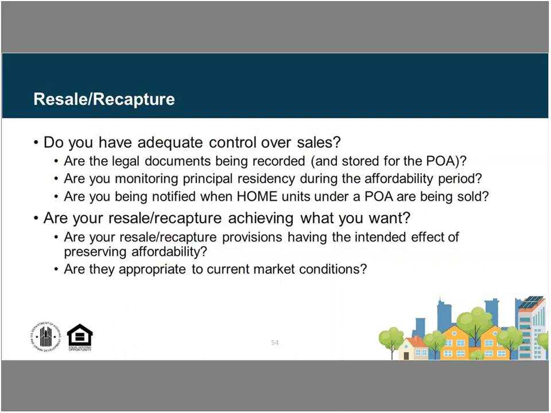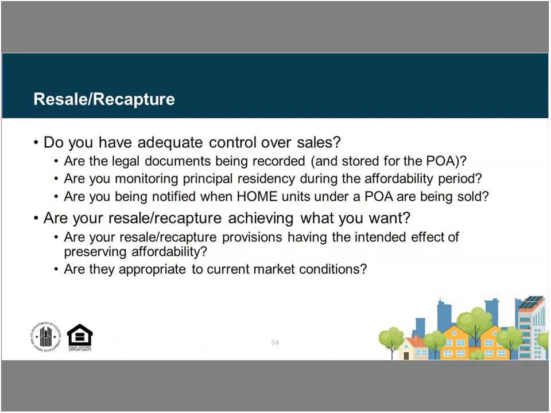My first job was working as a monitor for a city, so this was one of my jobs. One of the things we did is we were actually listed as a loss payee on the insurance, so I got copies of everybody's insurance every year, and I always got notification from the insurance company when somebody moved or somebody sold their house.